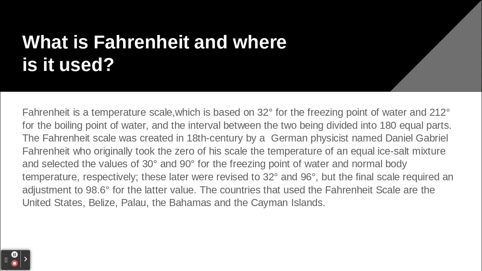The Fahrenheit scale was created in the 18th century by a German physicist named Daniel Gabriel Fahrenheit, who originally took as the zero of the scale the temperature of an equal ice-salt water mixture, and selected the values of 30 and 90 for the freezing point of water and the normal body temperature, respectively. These later were revised to 32 and 96, with the final scale requiring an adjustment to 98.6 for the latter value.